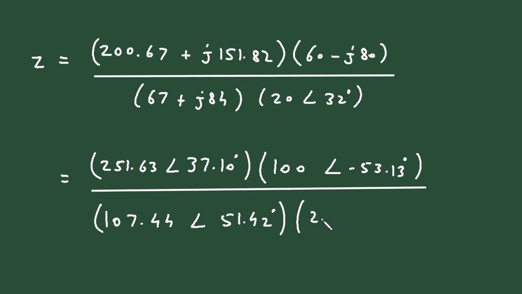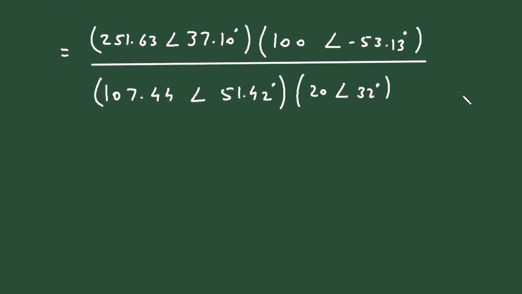Now this 20 at an angle 32 degree will remain as it is because it is already in polar form. So now we can easily simplify this.